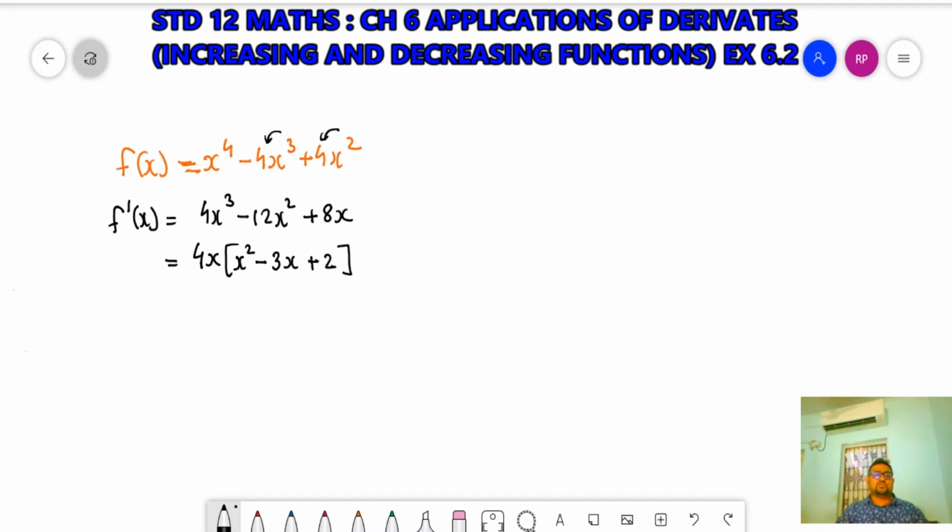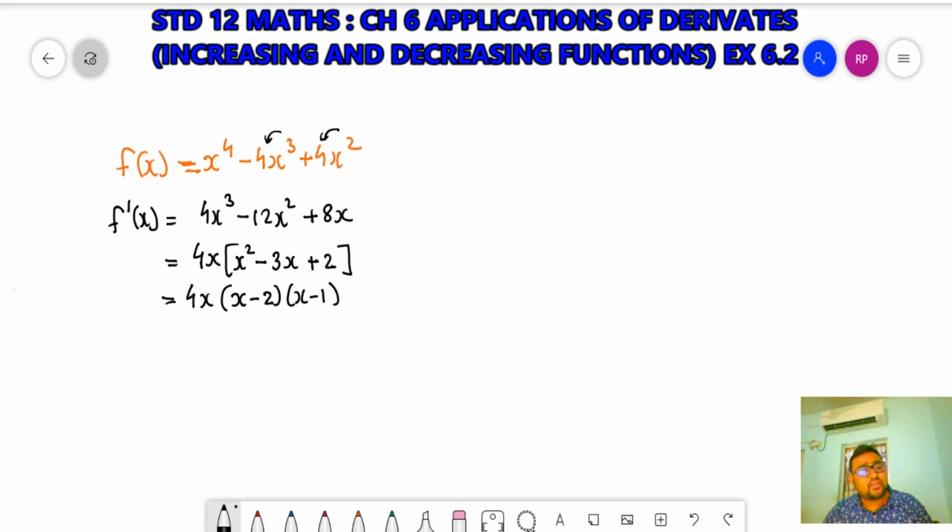So I need to split the middle term. I should split it in such a way that the sum is minus 3x and the product is 2x square. So I can take it as minus 2 and minus 1. When I factorize, I will get x minus 2, x minus 1. Now you need to find when it is increasing and when it is decreasing.